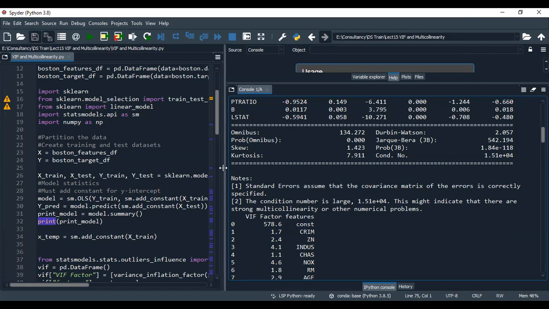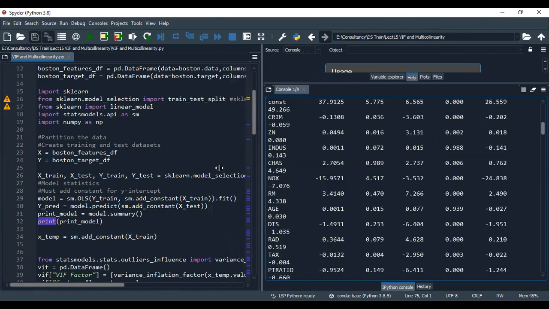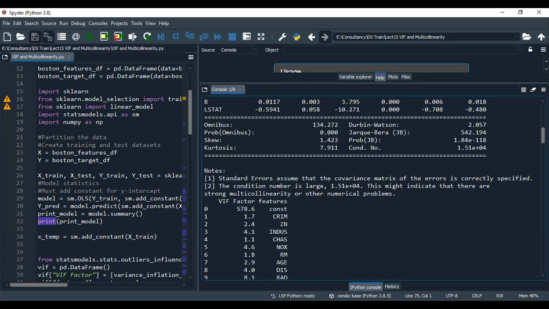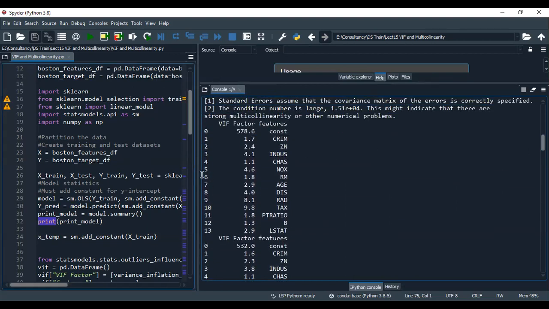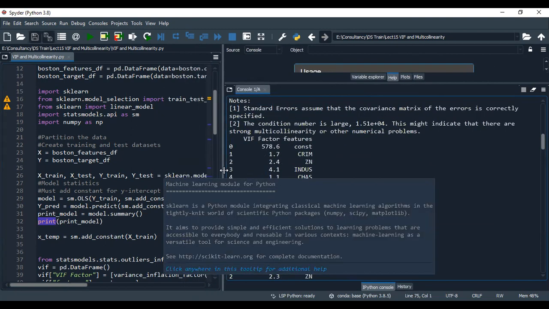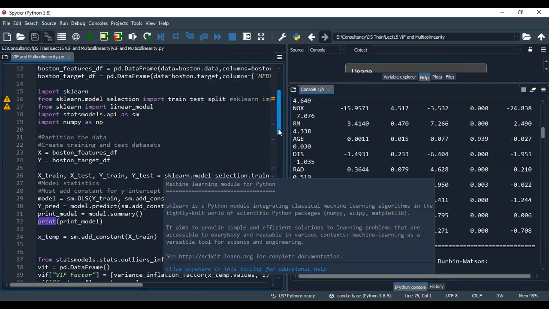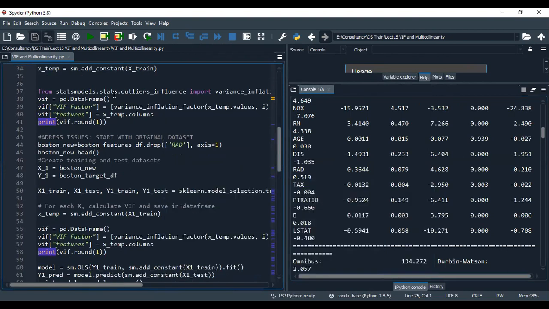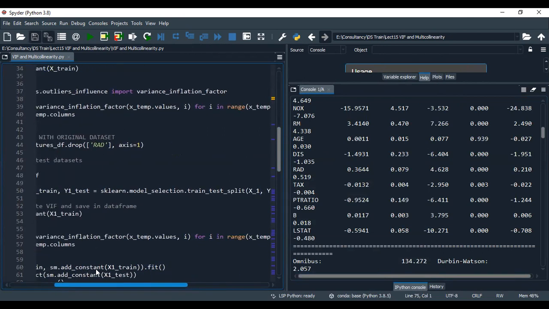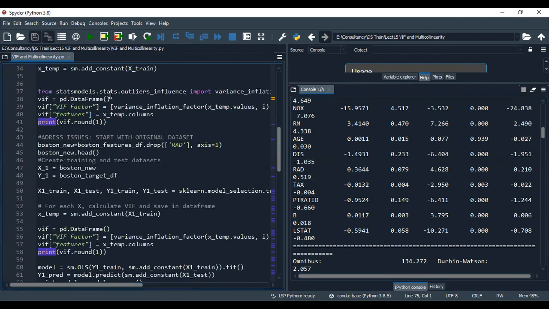Now after that, what I'm doing, I am just calculating the VIF. How to calculate this VIF, this is important. From statsmodels.stats.outliers_influence, import variance_inflation_factor.